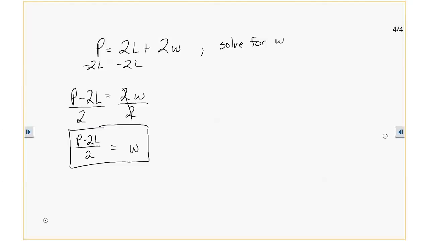And that's how you do solving for a variable. Question. Now that's 6.2.